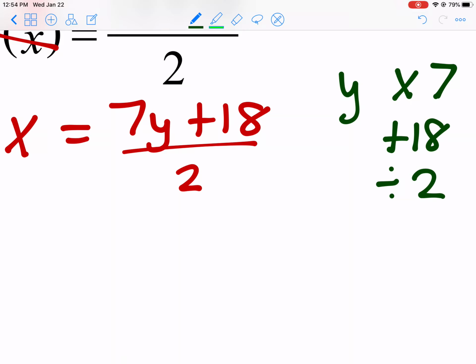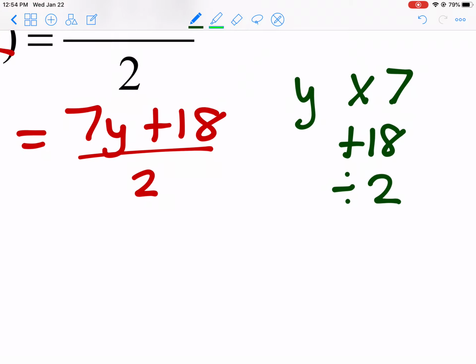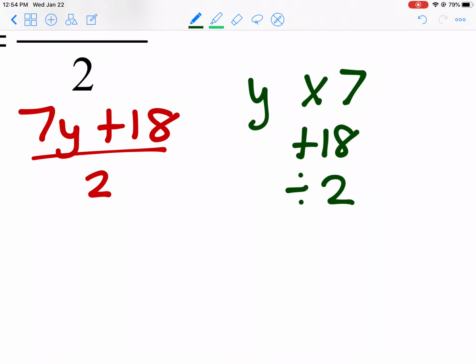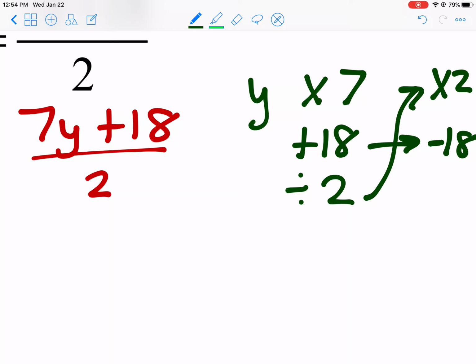What we're going to do is every one of those with the inverse operation going in the opposite order. So to solve this, we're going to start by multiplying by 2, then we're going to subtract by 18, and finally we'll divide by 7.